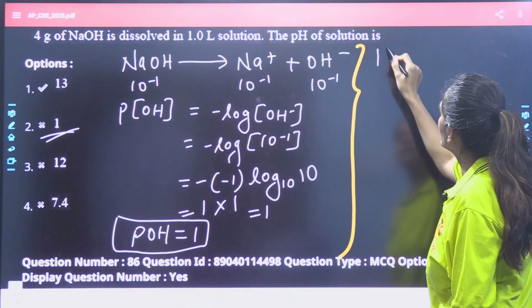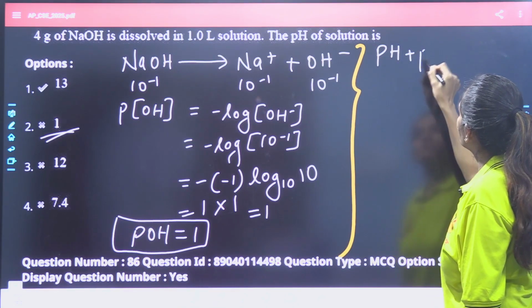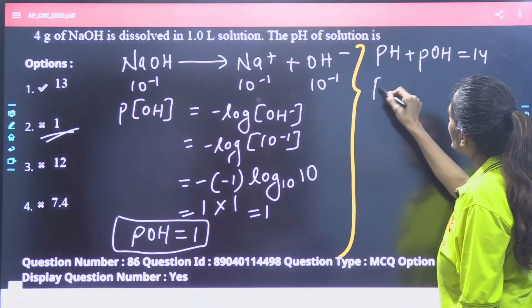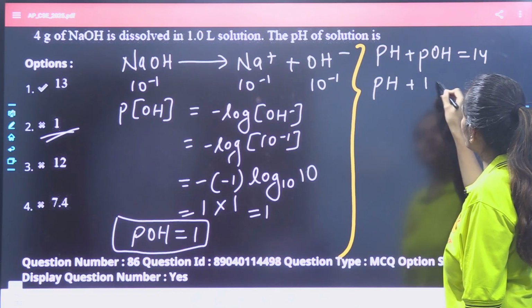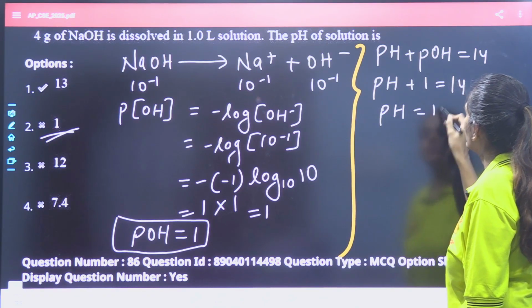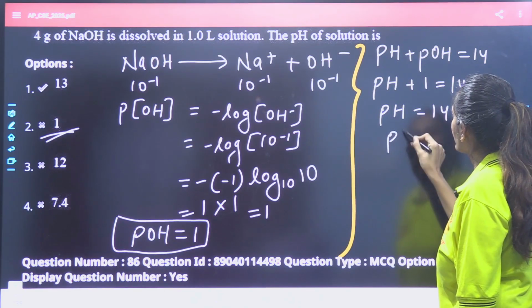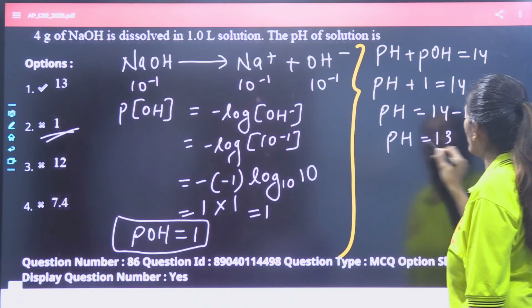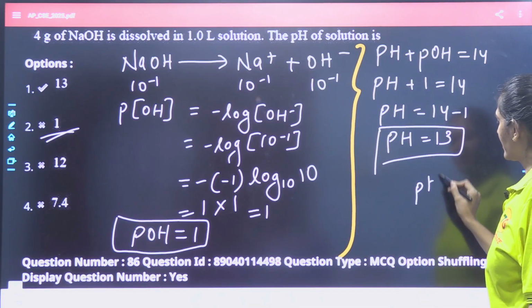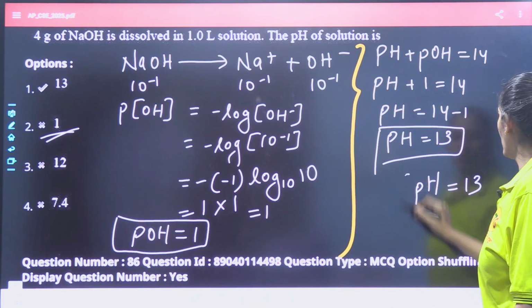So we know that pH plus pOH of any solution is equal to 14. pH we need to find out, and pOH we have found out to be 1. So from here the pH value is 13.